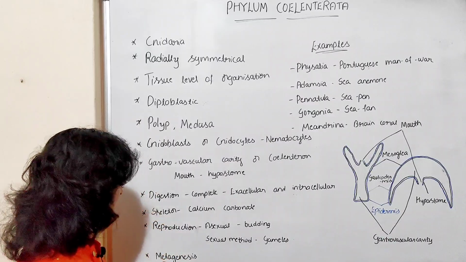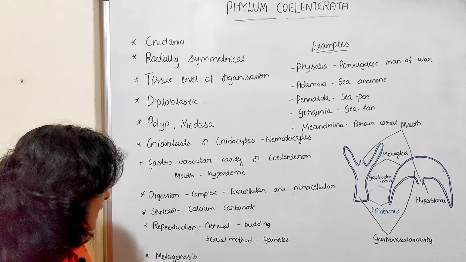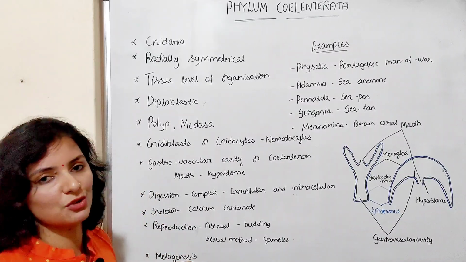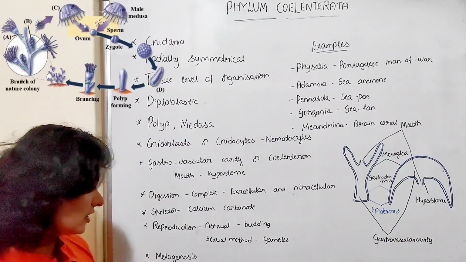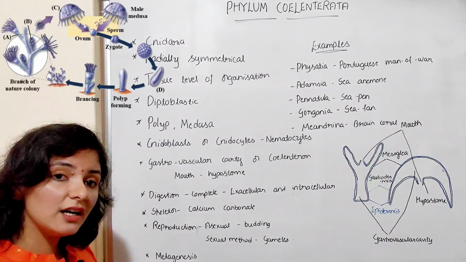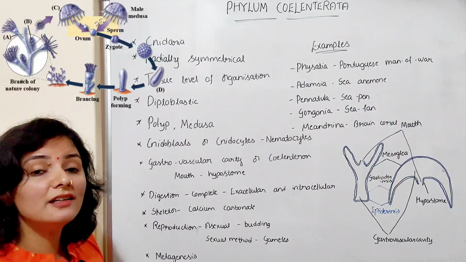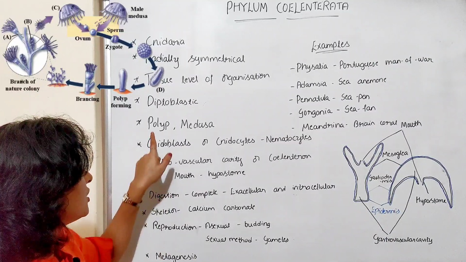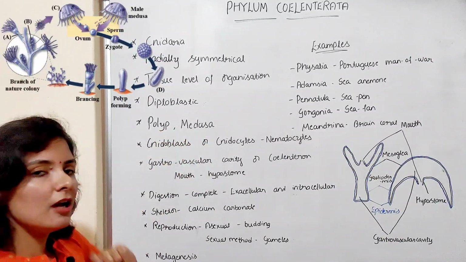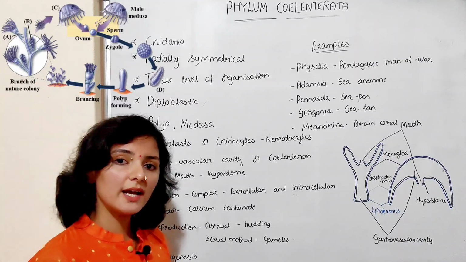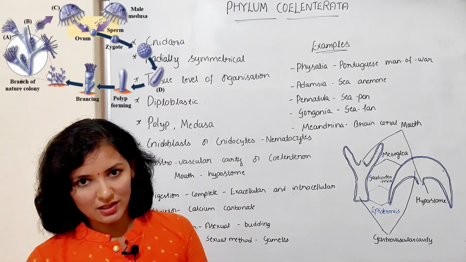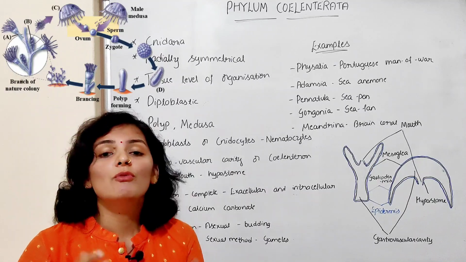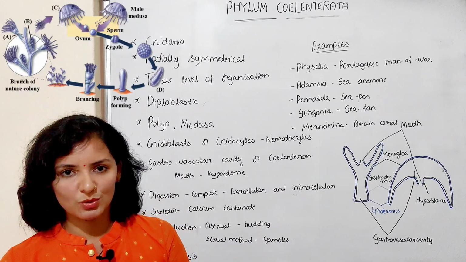One more important character of coelenterates is metagenesis or alternation of generation, which is a unique character of coelenterates. Metagenesis is present in those species which show these two body forms, polyp and medusa. In those organisms, the polyp form will produce the medusa form by asexual reproduction and the medusa form will produce the polyp by sexual reproduction.